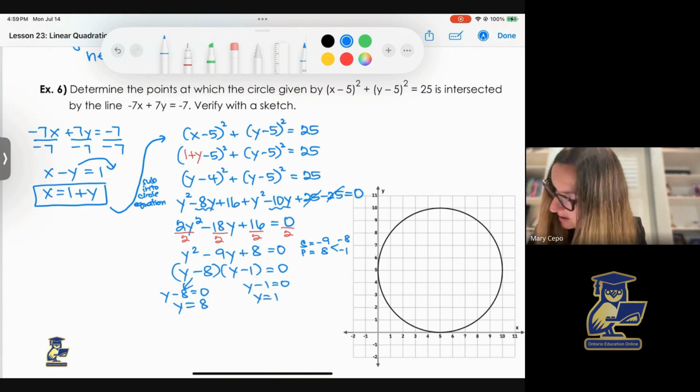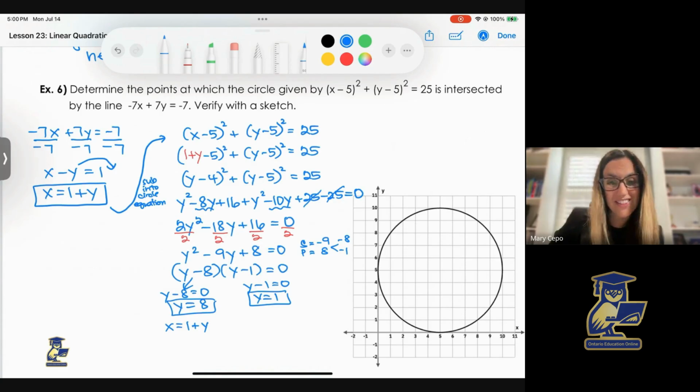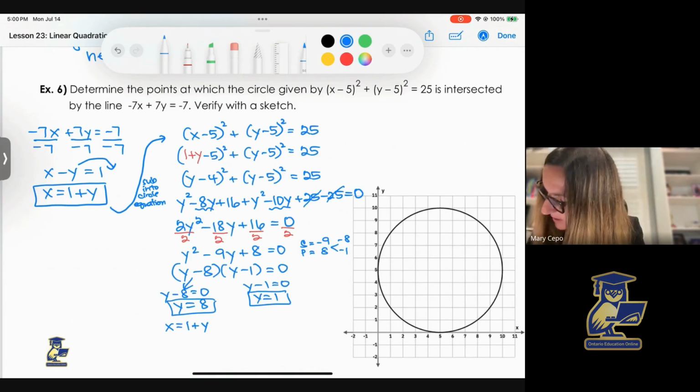We know x is equal to 1 plus y. From this, we can tell that the linear function will cross that circle twice, at 2 points. So x is equal to 1 plus 8, x is equal to 9.